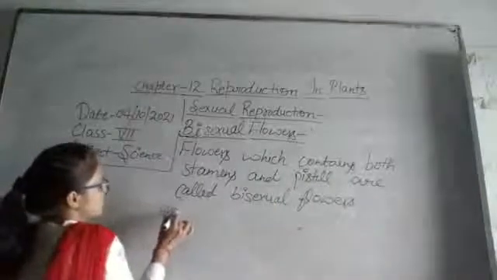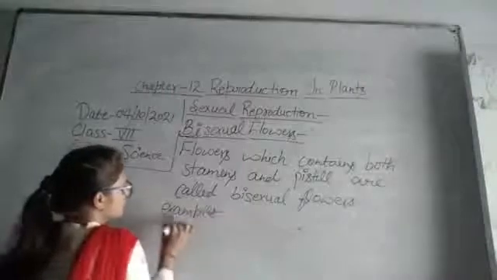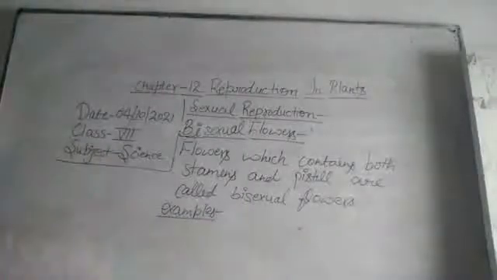Bisexual flowers. Examples: mustard, rose and petunia.